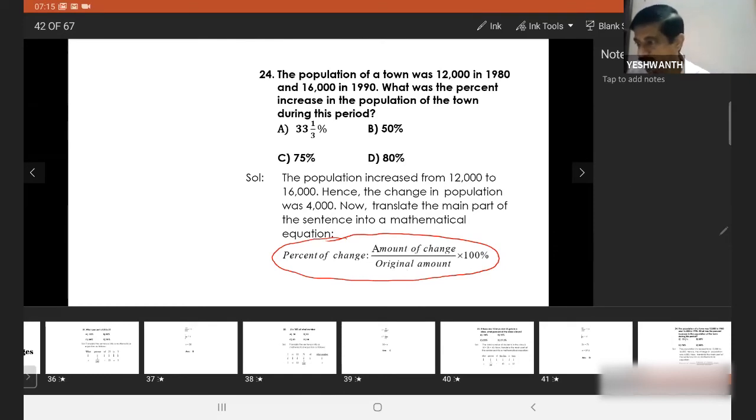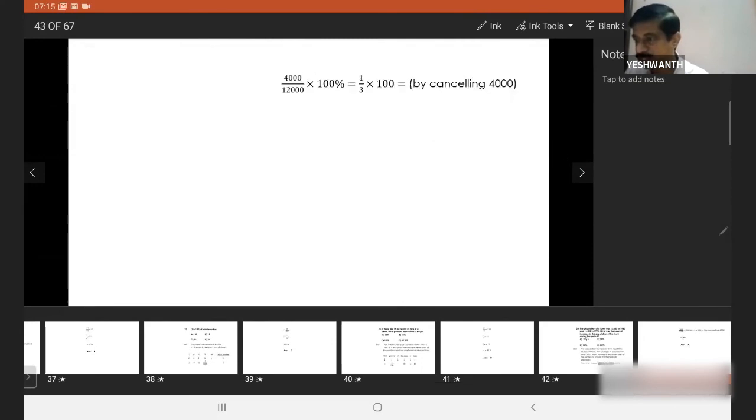So what is change in the population? 16,000 minus 12,000. Okay, that is 4,000. So now change in amount means we got 4,000. Original amount is 12,000 into 100. So that is 100 by 3. So 100 by 3 is 33 1 by 3 percentage.